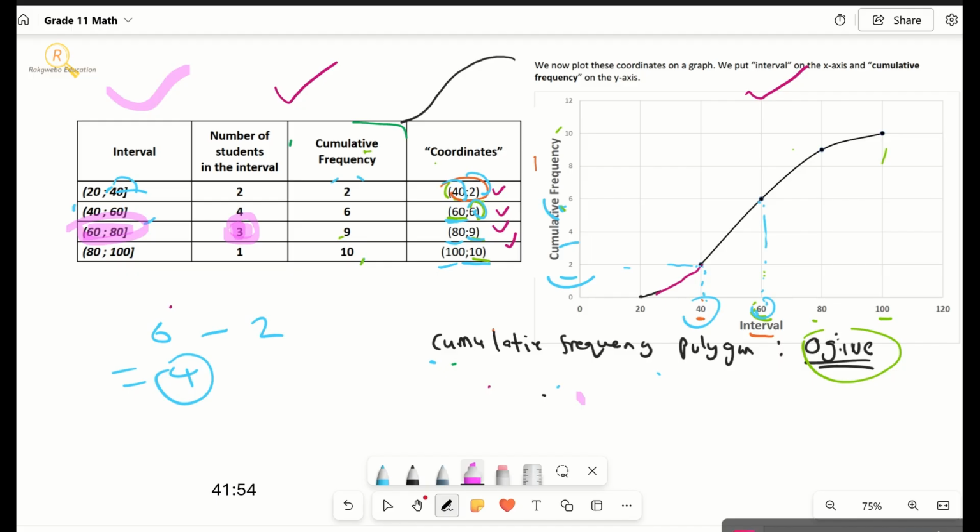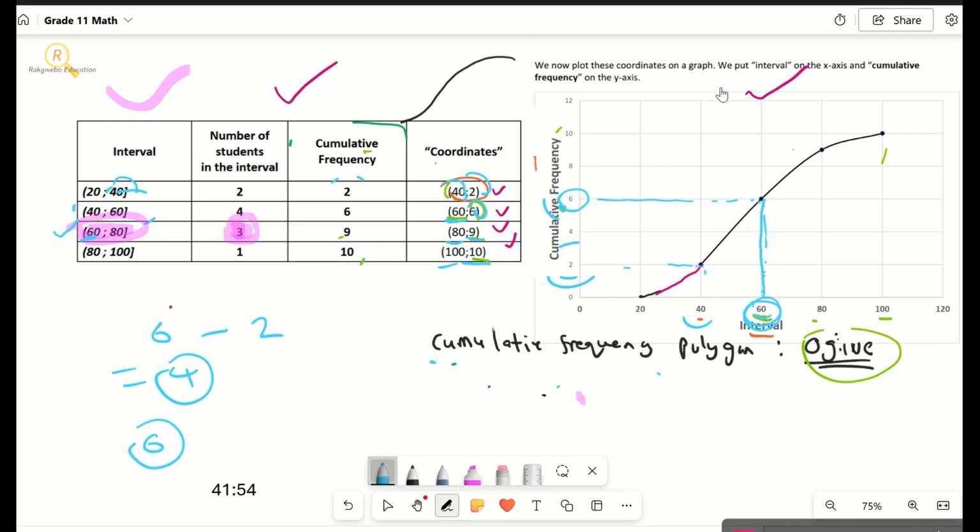So this is how you find it. Very similar to the question we just did. You look at the lower bound, 60, dotted lines to the graph, dotted lines, 6. So this 6 is the number of learners who got 60 or less. You keep it.